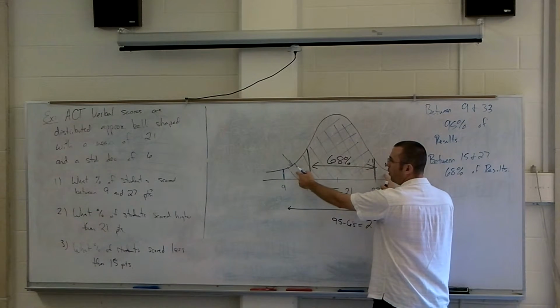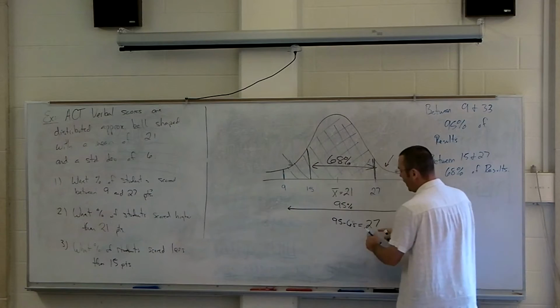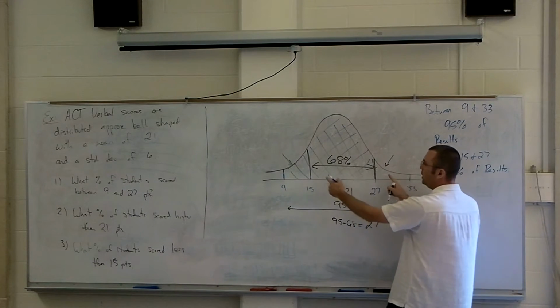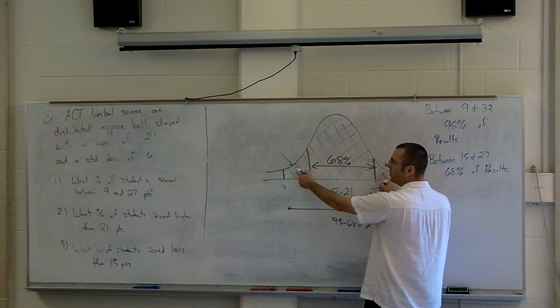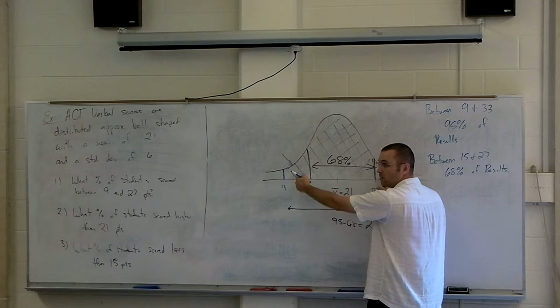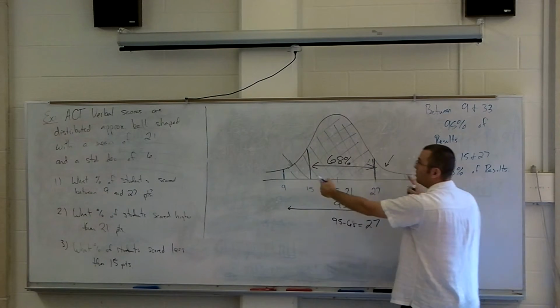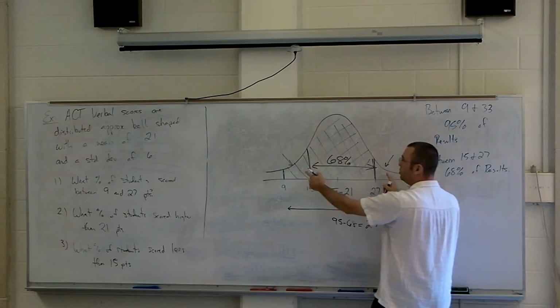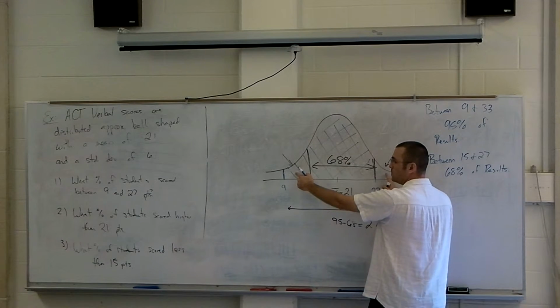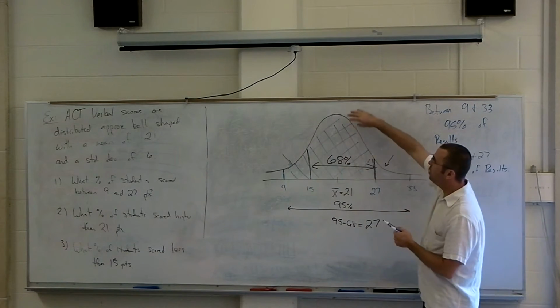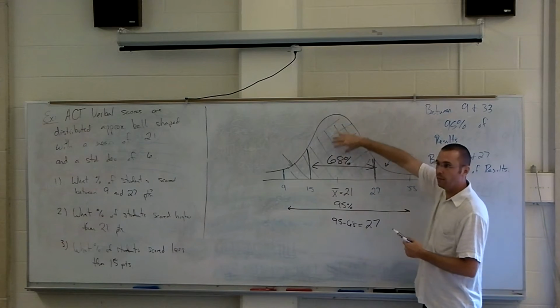It's 13 and a half. What we're doing is that 27 has to be evenly split between both of these sides. Why? Because it's symmetric. It's bell-shaped. What we know is that this graph is bell-shaped, right?